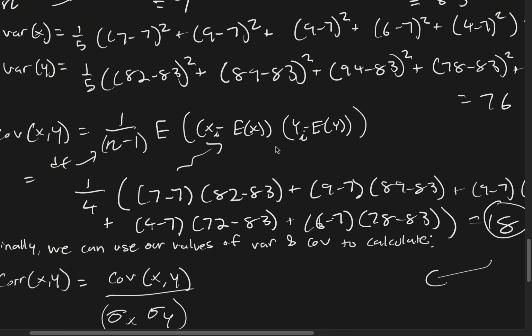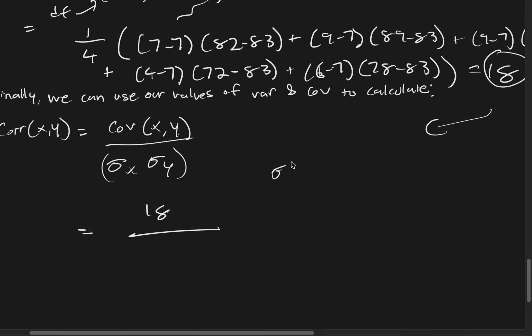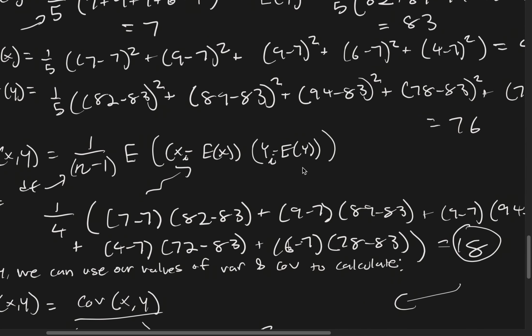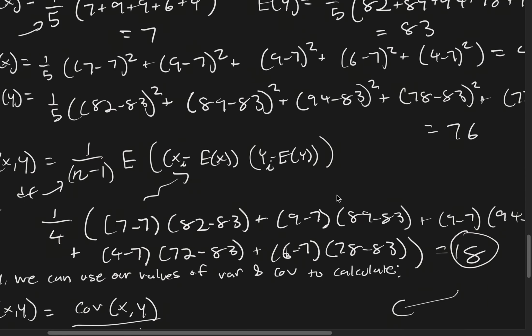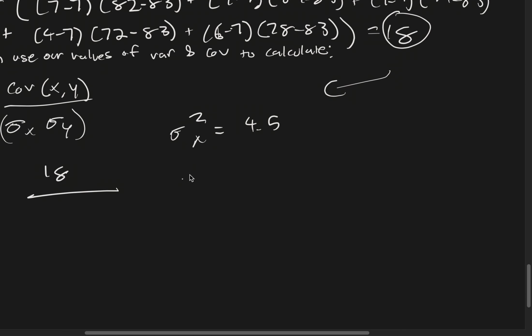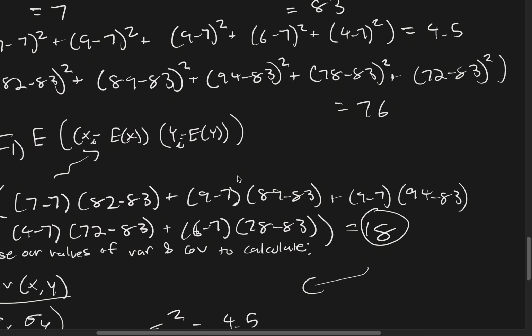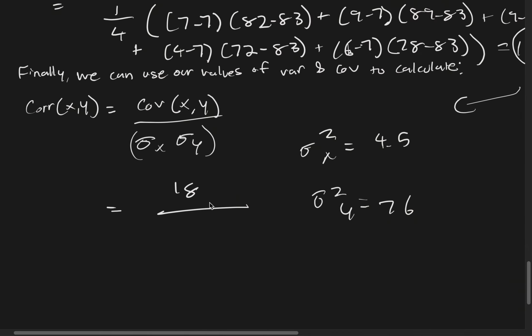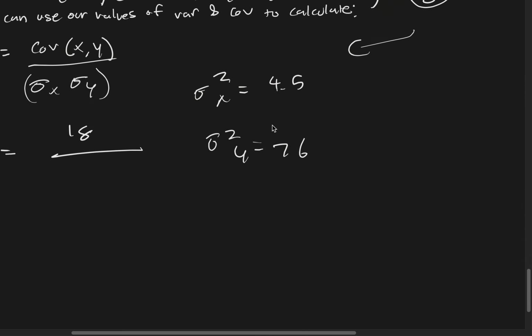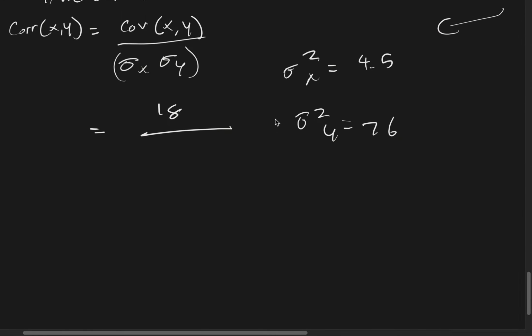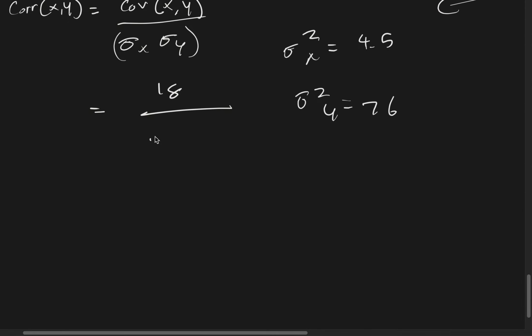We found out up above that the variance of x is 4.5, and the variance of y is 76. And then obviously, if we want to find just the standard deviation of x and y, we need to take the square root, so we can just write it in the same square root. And that will approximately give us a correlation value of 0.973.